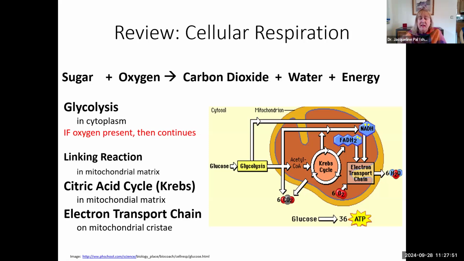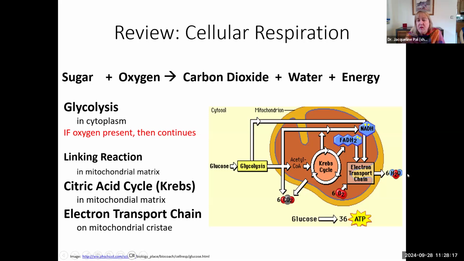And remember, because we have 2 3-carbon sugars, we do the Krebs cycle twice for every 1 molecule of glucose. At the end of this, all the electron carriers go to the mitochondrial cristae, where they do the electron transport chain, and they use the oxygen that was produced by the plants.